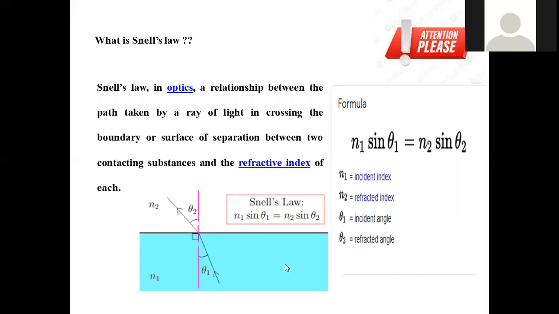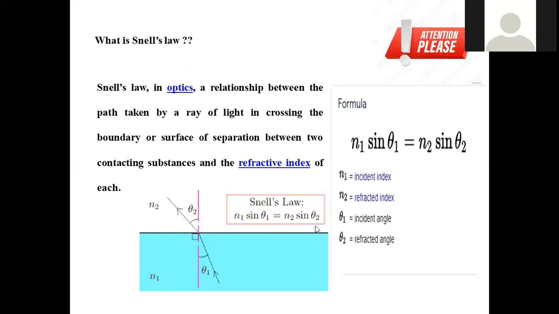Let us say this is the water medium and outside is another region, air. Here N1 is the origin of the light, the source of light, where the incident light originates, and its refractive index is denoted with incident index N1. When it enters the rarer medium, it will bend at a certain angle, and its refractive index is denoted with the refracted index N2.